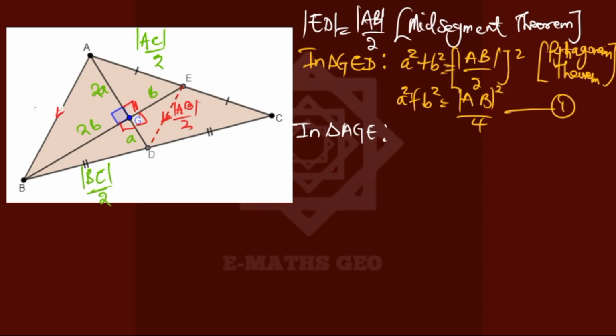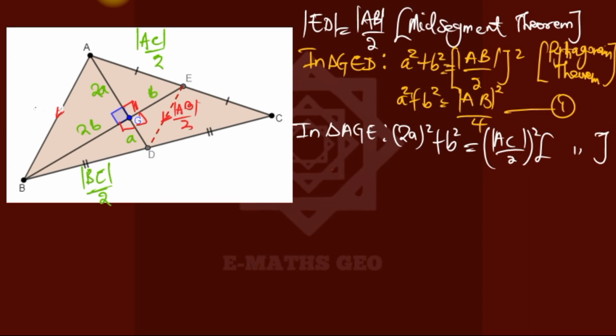Going back to triangle AGE, applying Pythagorean theorem, we have 2a all squared plus b squared is equal to AC over 2 all squared, the same Pythagorean theorem. So I have 4a squared plus b squared is equal to AC squared over 4. Let's call it equation 2.